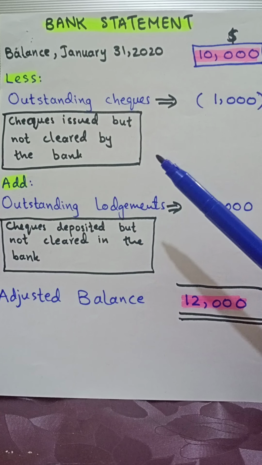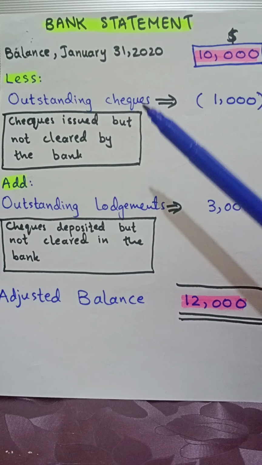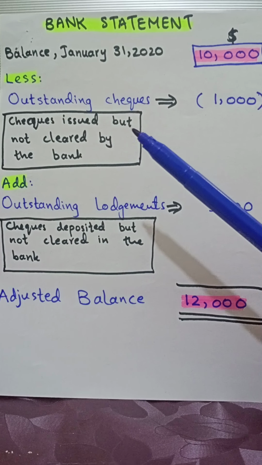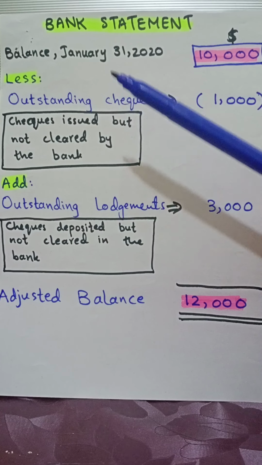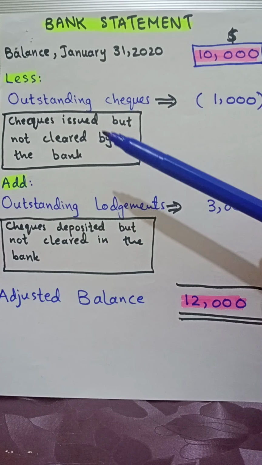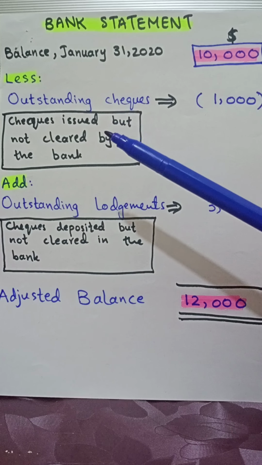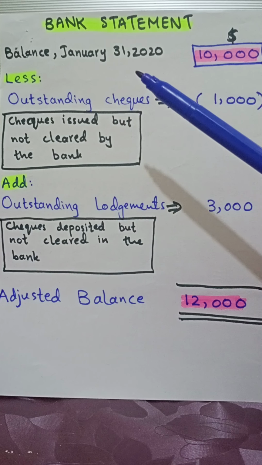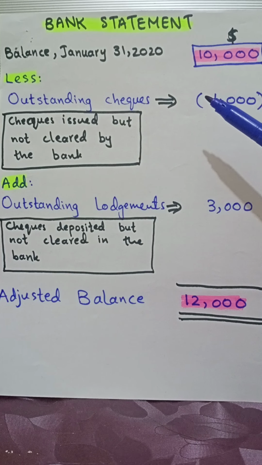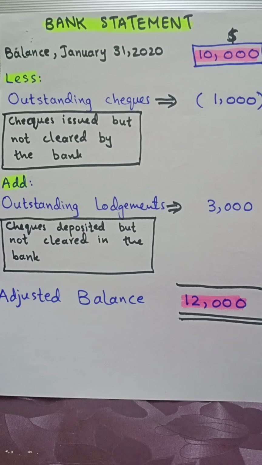On the other hand, if your supplier has not presented that check at the bank yet, the bank has not recorded that transaction in its records. So as on 31st January we will deduct those $1,000 in order to reconcile the balance with the cash book.